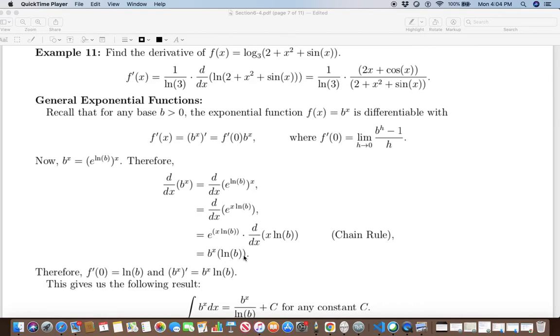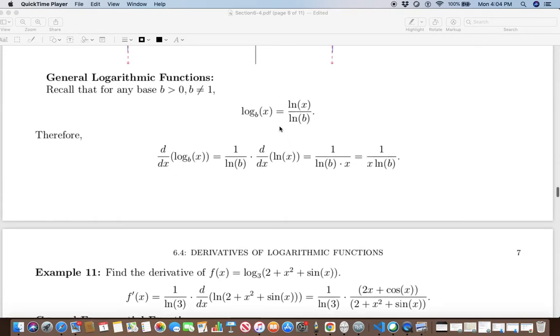So what do we have? The derivative of an exponential function is b raised to x itself times natural log b. What happens when you're taking the derivative at 0? Just substitute. The derivative of the exponential function is natural log b. Now this is fantastic. You see, here is the derivative of general log.